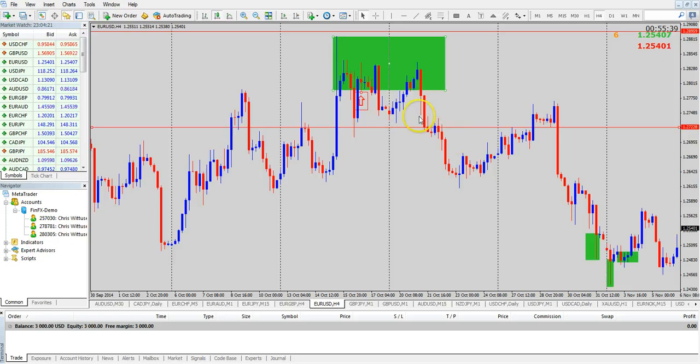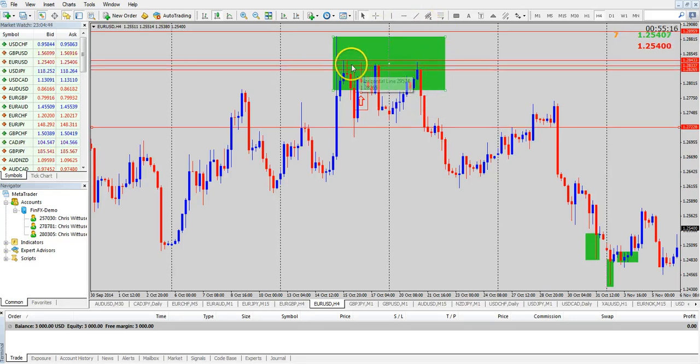Alright, so that's your box theory on 4 hours. The other indication of a box theory is what we call stair-step breakout. Think about that word for a second. Stair-step breakout. Just think about stairs. See what I'm doing?